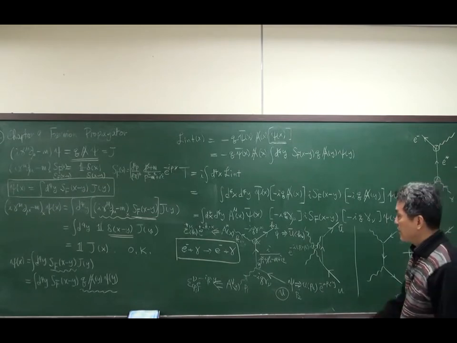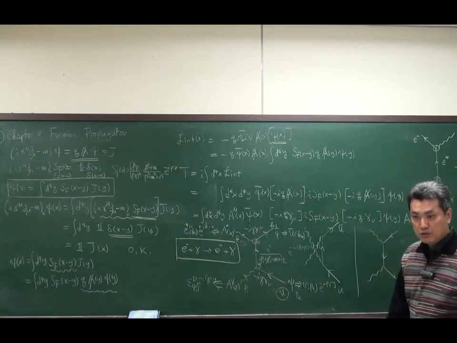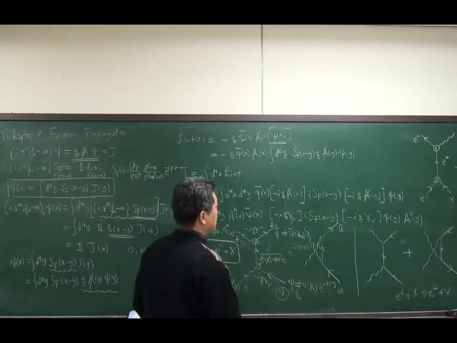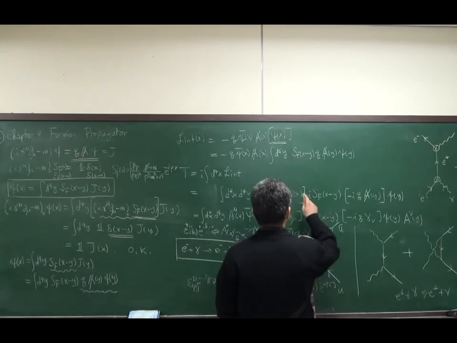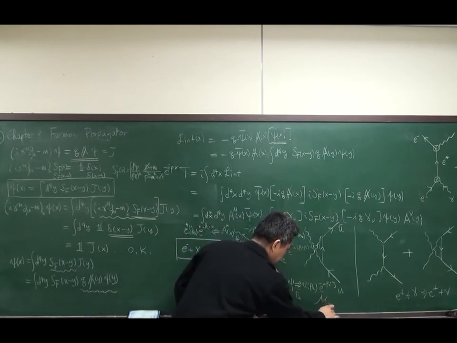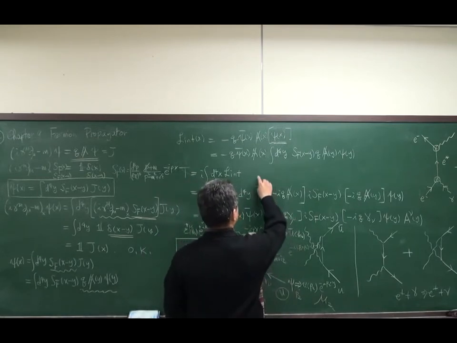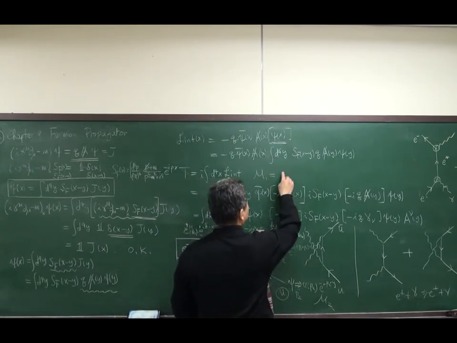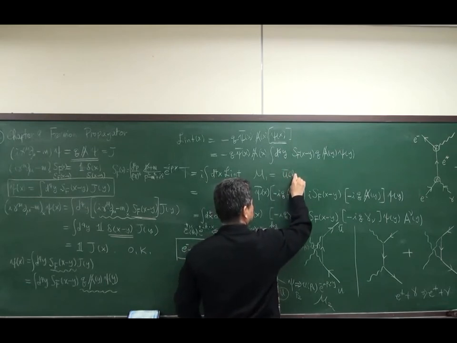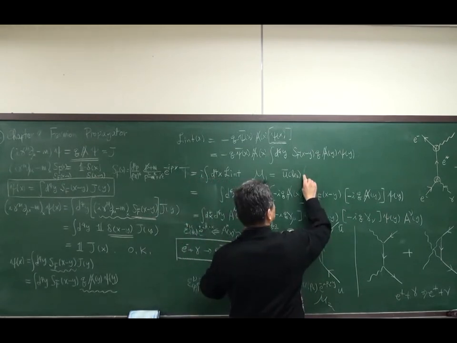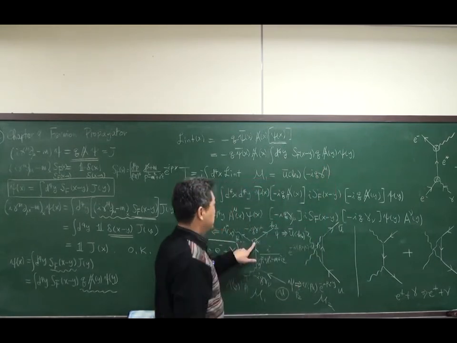And actually, if I write down the invariant amplitude only, that is necessary to know to compute the cross-section, something like that. Let me write M1 and M2. Just let me write M1 only. Then M1 has the outgoing u bar k2, right? And there's a vertex minus i Q gamma mu, right?